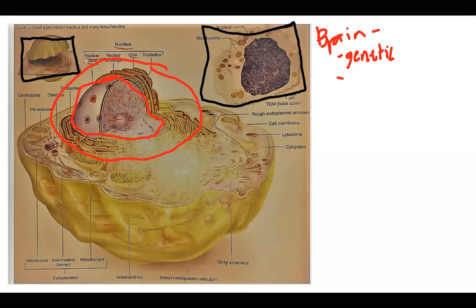The nucleus is separated into four sections. One is the nuclear pores. The nuclear pores are little holes, which are basically the only way of getting stuff in and out of the nucleus. Then we have the nuclear envelope, which is the skin of the nucleus.